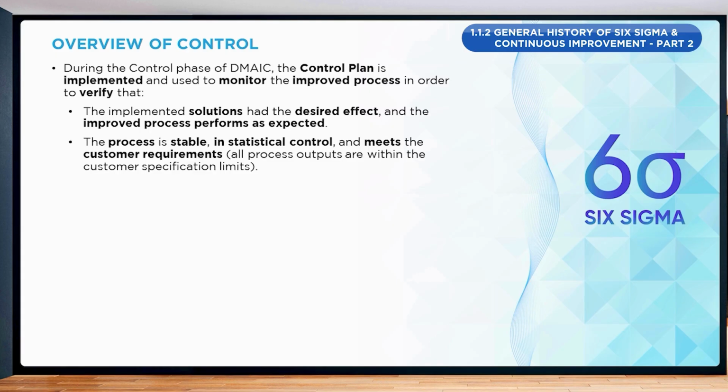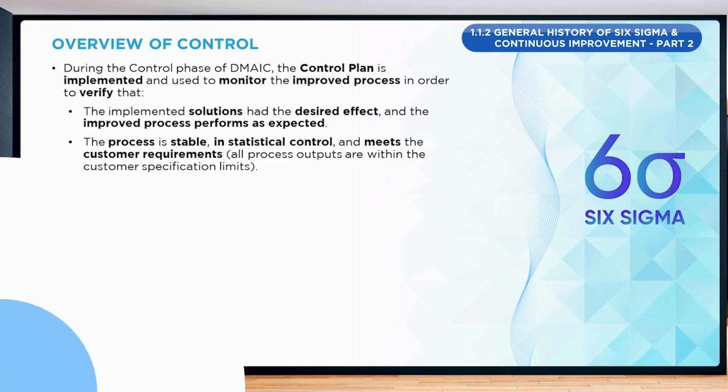Second, we want to determine that the process changes had the expected results in improving the process as we had planned. And finally, we want to make sure that the improved process meets or even exceeds customer requirements, which are represented by the voice of the customer or the voice of the client, as we call it.